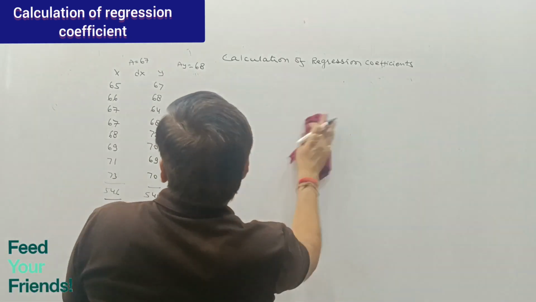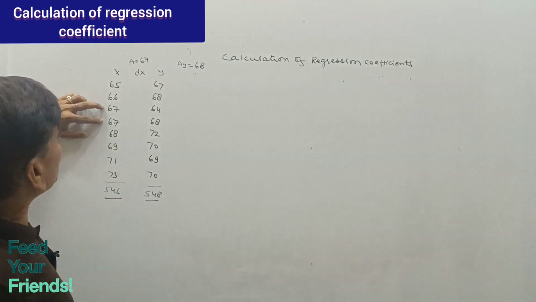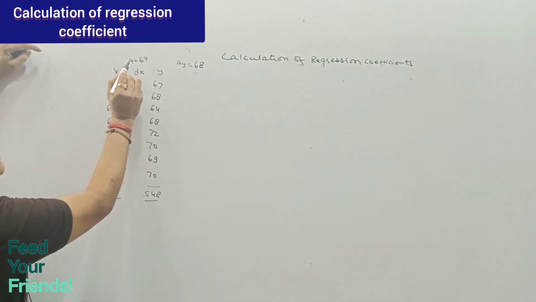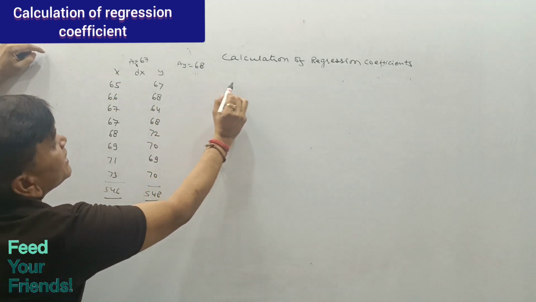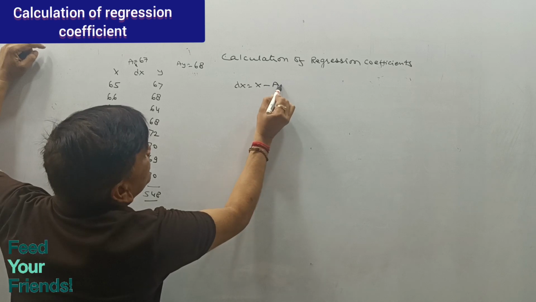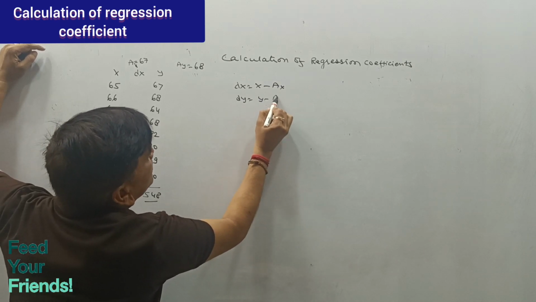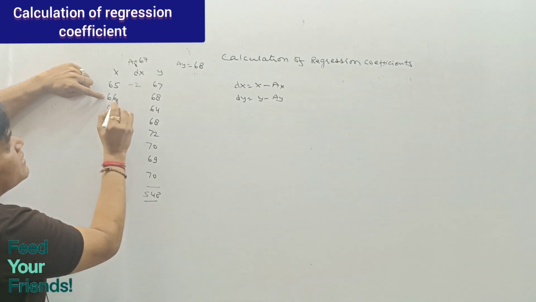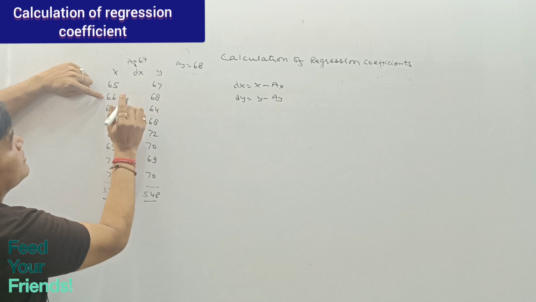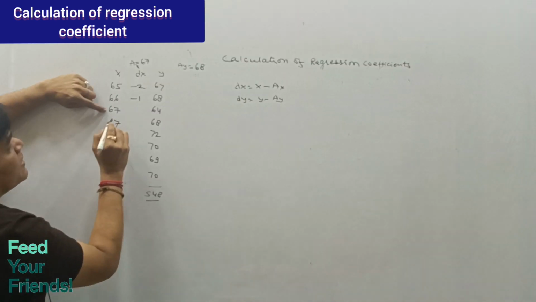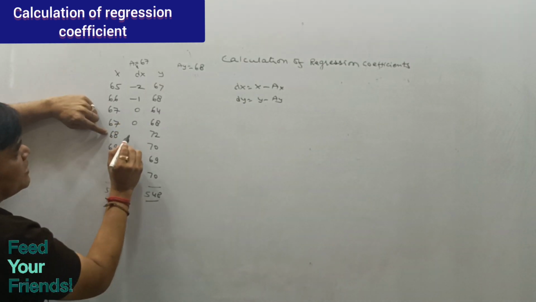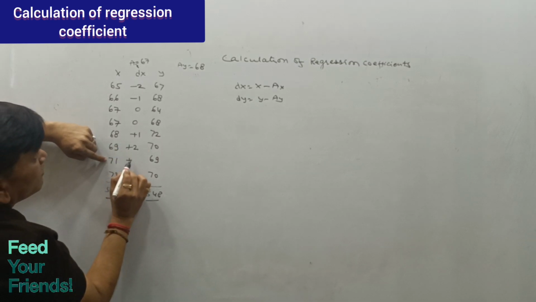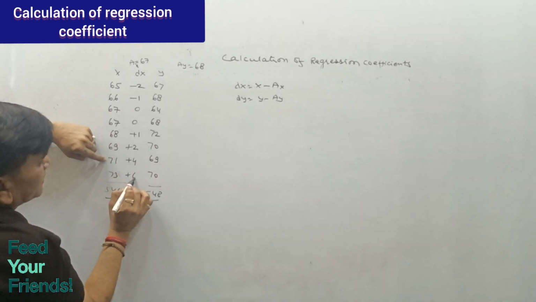So for the assumed mean, 67 occurs two times, so we take the assumed mean of x as 67. The value of dx will be x minus the assumed mean of x, and the value of dy will be y minus the assumed mean of y. So 67 minus 67 gives 0, 65 minus 67 is minus 2, 66 minus 67 is minus 1, 67 minus 67 is 0, 68 minus 67 is plus 1, 69 gives plus 2, 71 gives plus 4 and 73 gives plus 6.